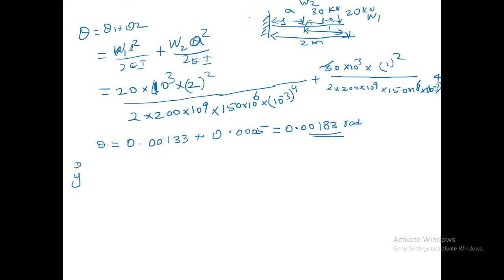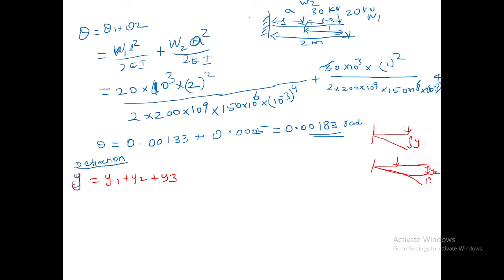Next, to find the deflection. The deflection is y1 plus y2 plus y3: at the end point load the deflection is y1, and at the middle point load y2 and y3.